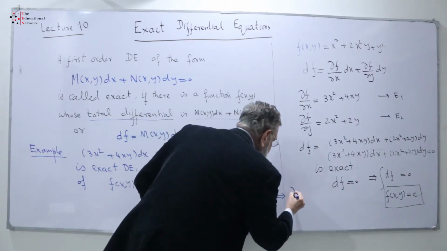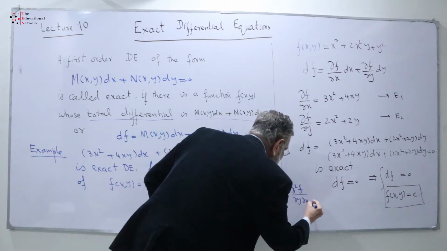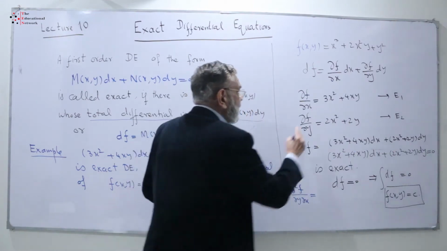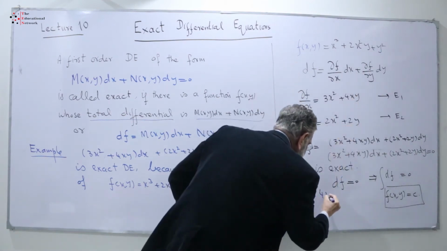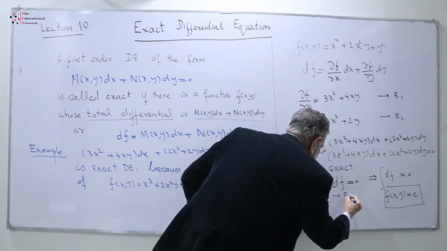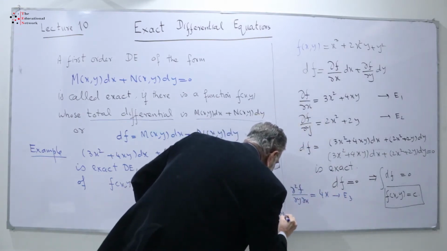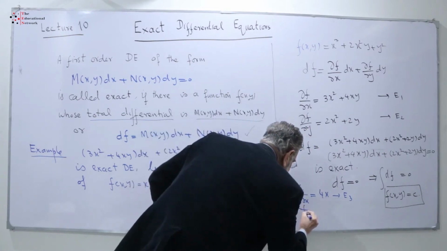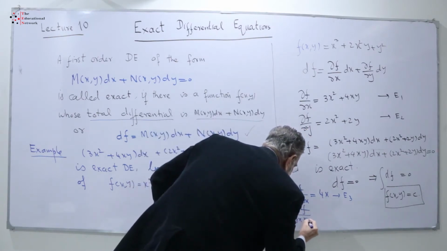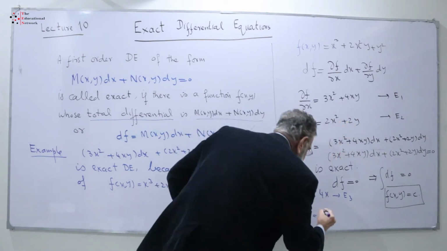We get partial 2f over partial y partial x. This will be 0, and with respect to y we get 4x. This is my E3. Then from E2 I differentiate with respect to x, so I get partial 2f over partial x partial y. What will I get? This will be 0, and I get 4x.